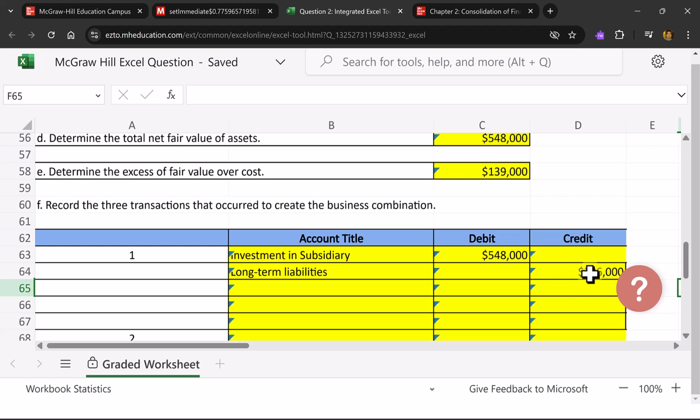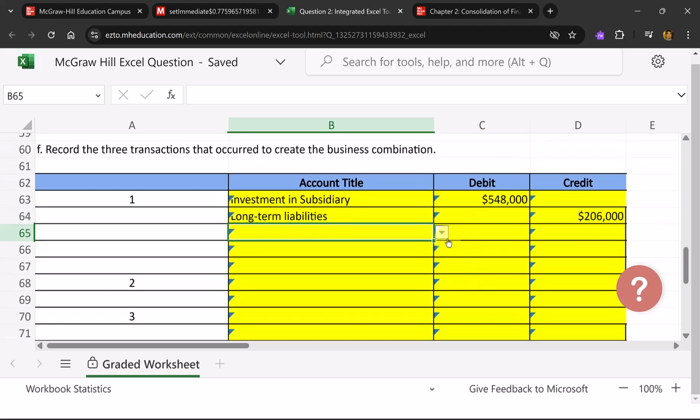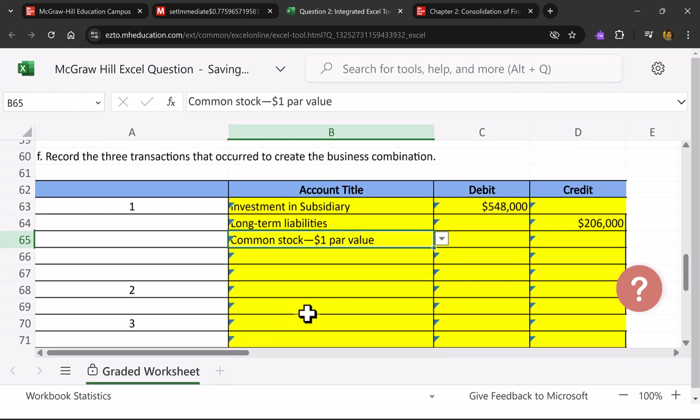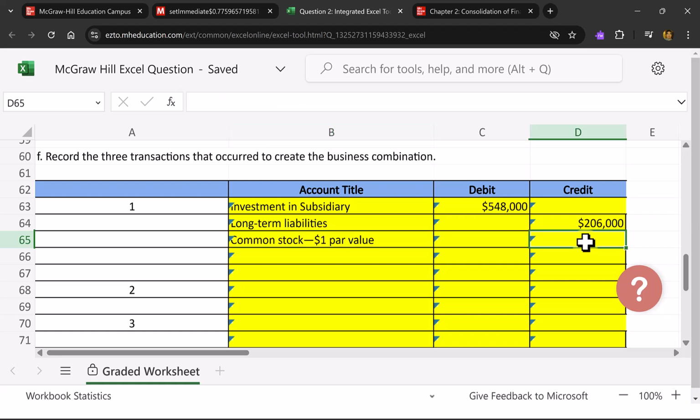Okay, so I got one credit in this first journal entry, and the next one is the issuance of the stock. So here in my drop-down menu, I'm looking for the stock account. And par value, of course, is $1. So let's start the formula.